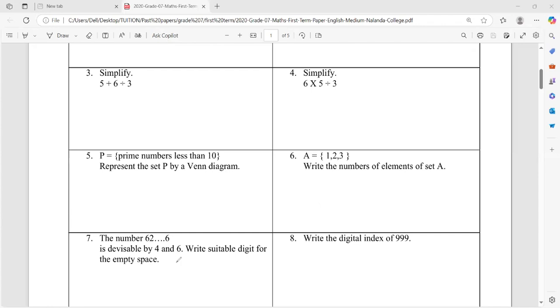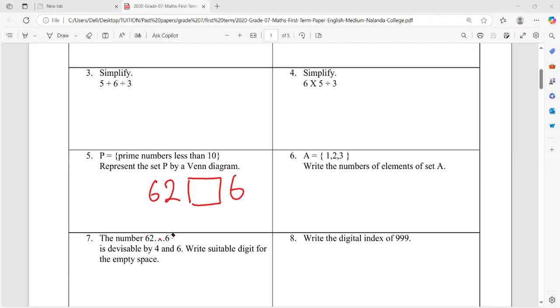The number 62 and blank 6 is divisible by 4 and 6. Write a suitable digit for the empty space. Here I'm going to take some numbers. So let's write, if it is divisible by 4, we have like this, right? 6, 2, a box, and here we have 6.